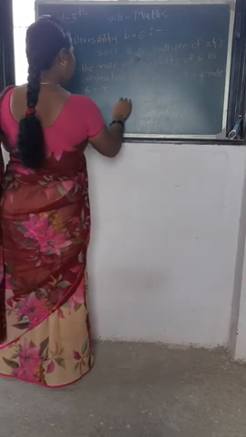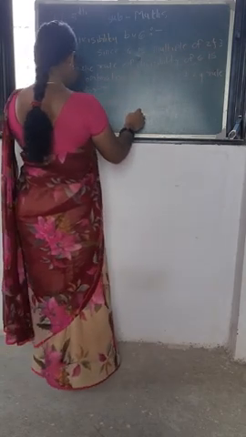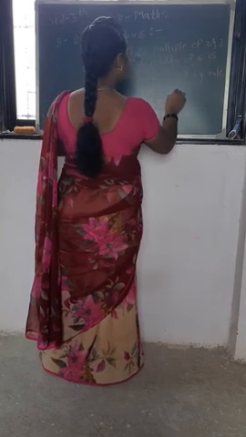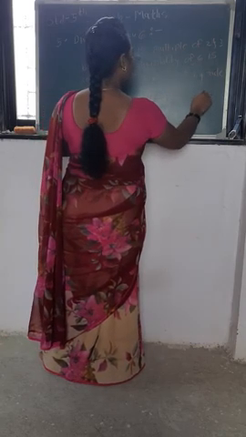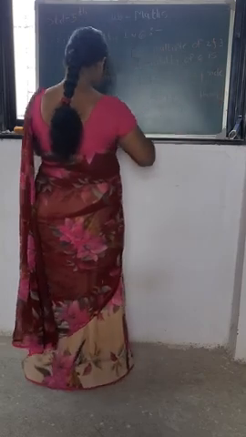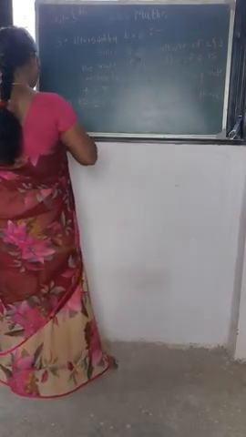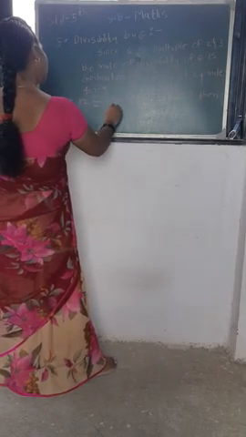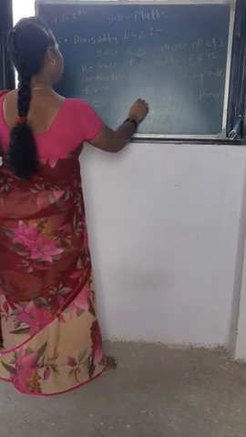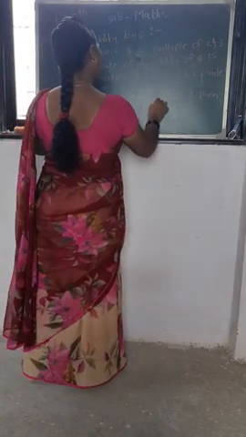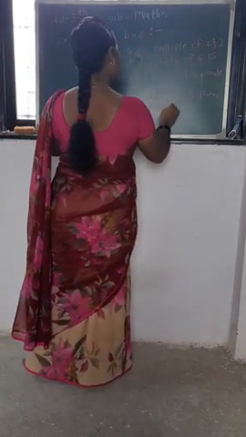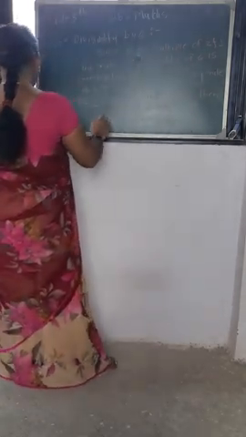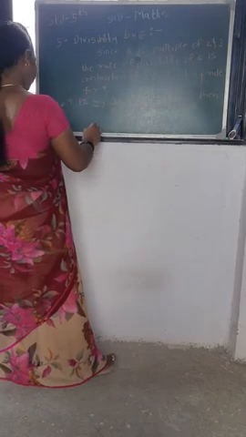In 12, the ones place digit is 2, therefore it is divisible by 2.